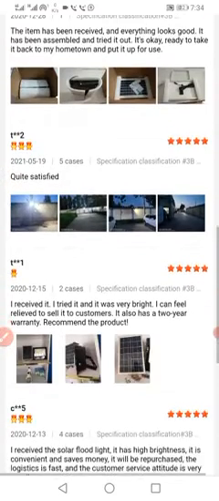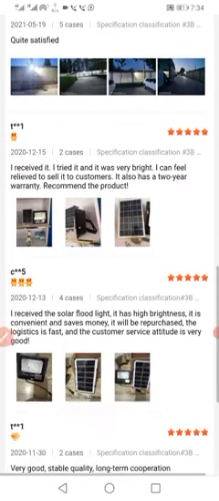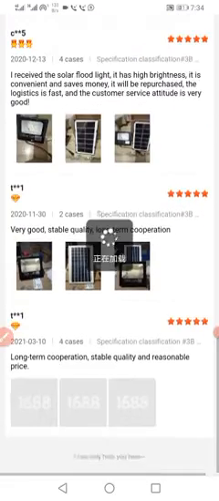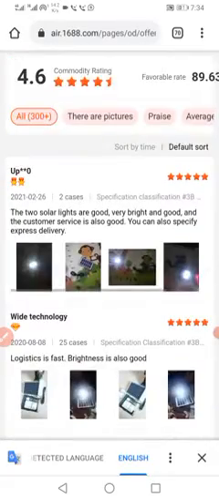Quite satisfied. I received it, I tried it and it was very bright. I can feel relieved to sell it to customers. It also has a 2-year warranty. Recommend the product. So it is always good to check out reviews. It is very, very important. Okay, so that is the fourth thing to always take note of.